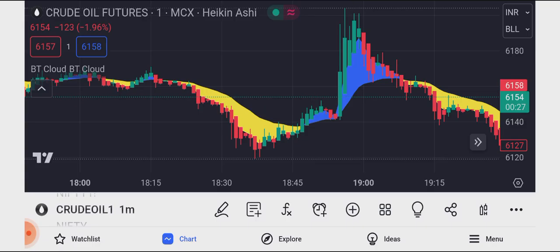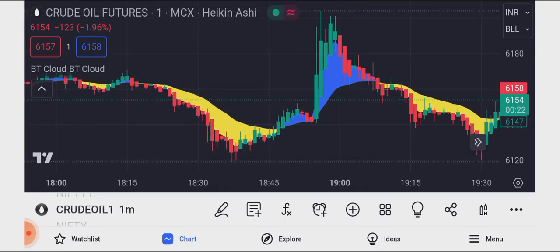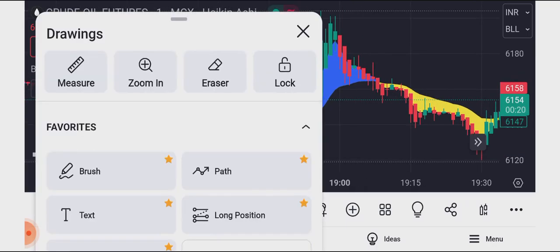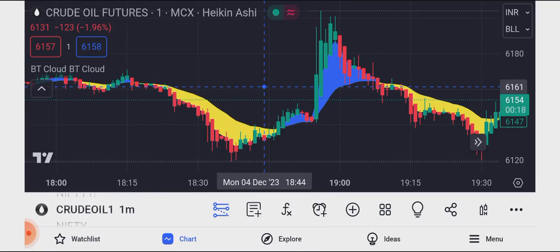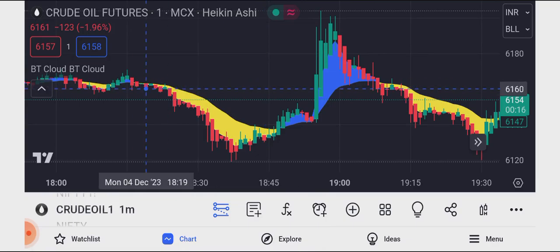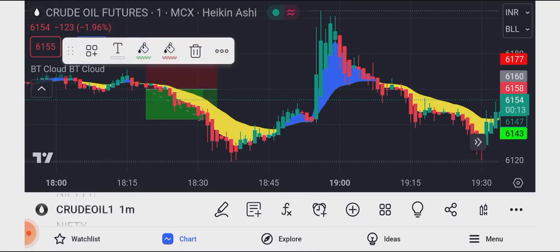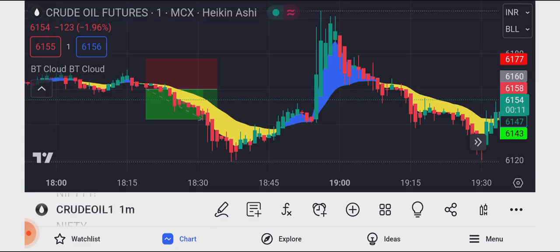So today, if you check, one yellow cloud was created after 6:15, the first signal, so we go for a short. So we win this trade.